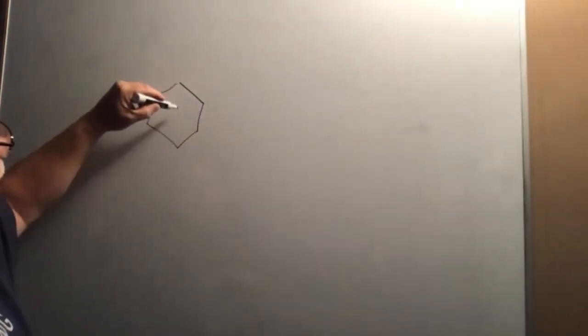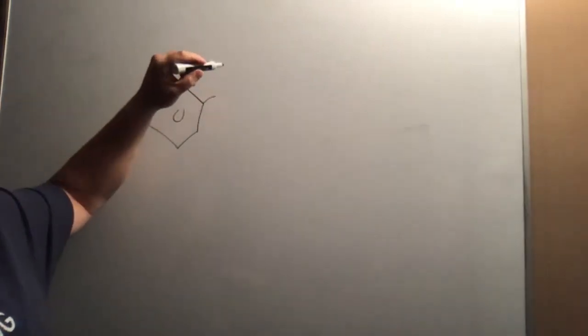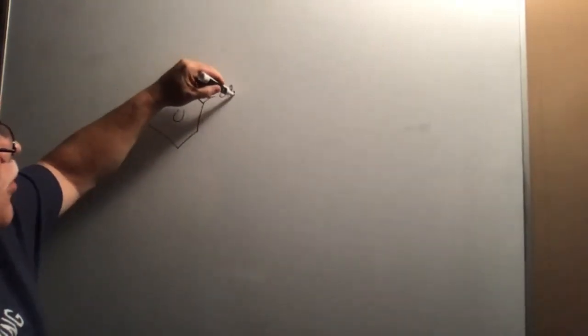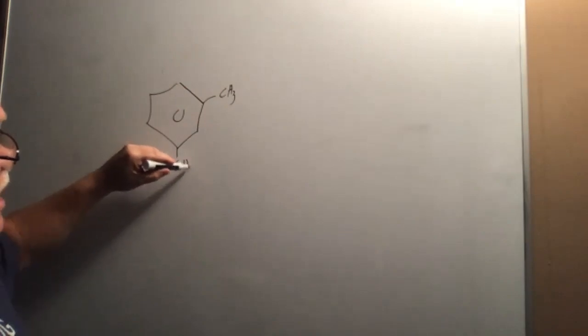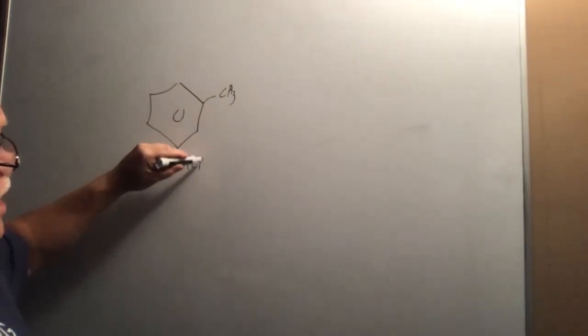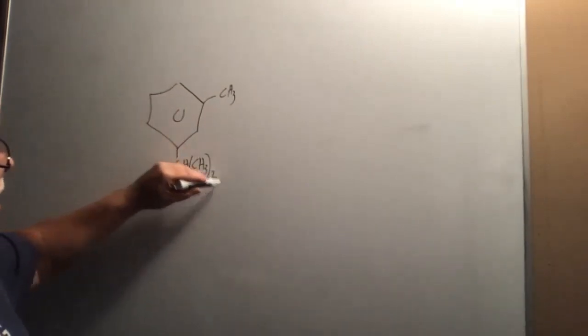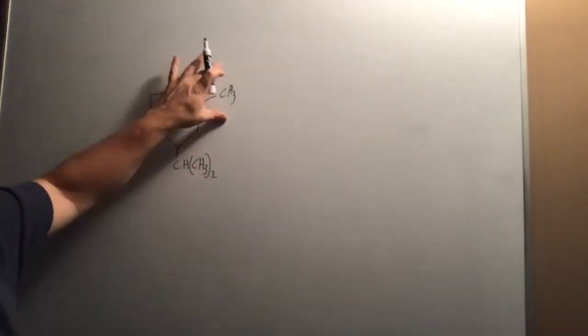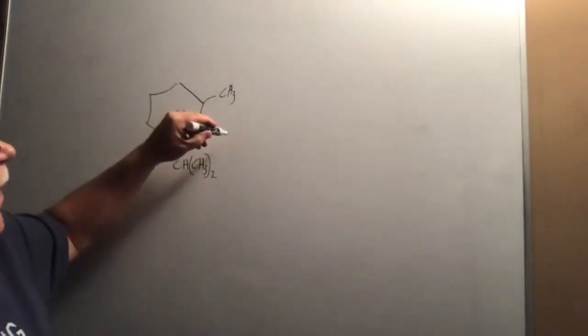Okay, so listen carefully. On page 7, if we take an aromatic ring and put some groups on it, we're going to put a methyl group and an isopropyl group on here.